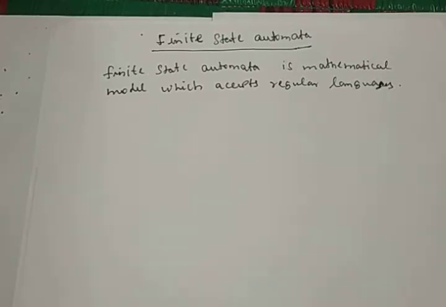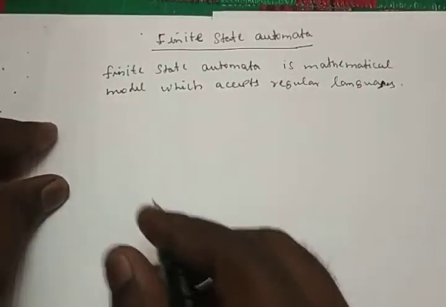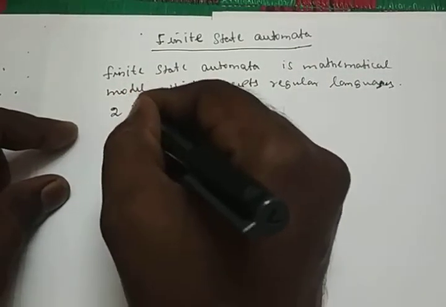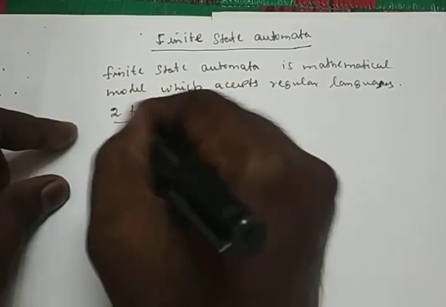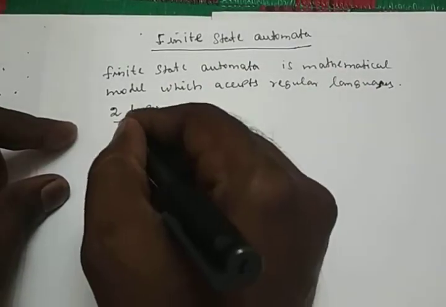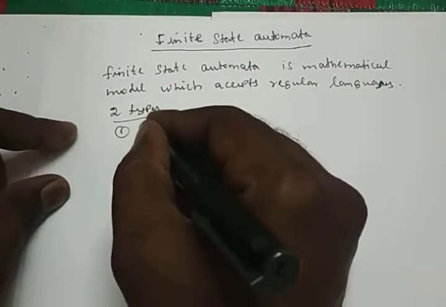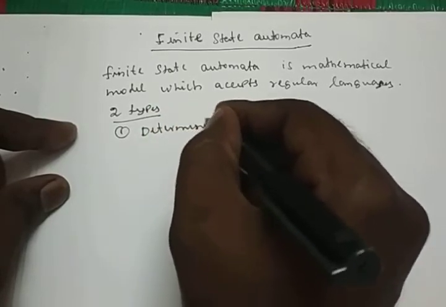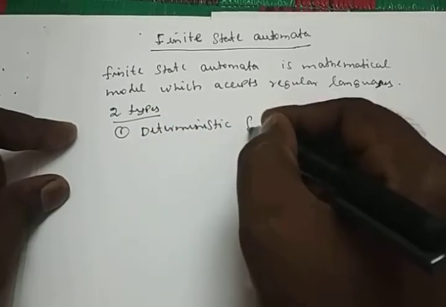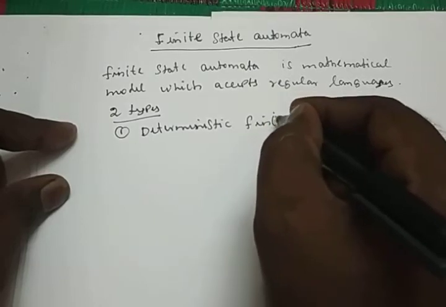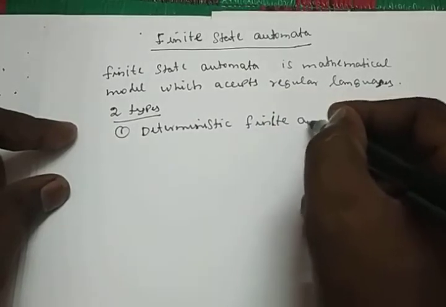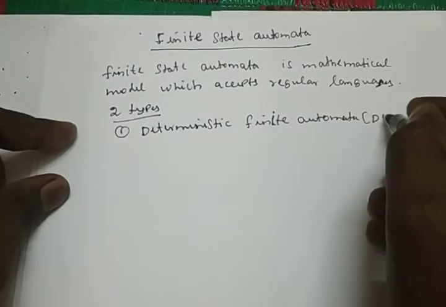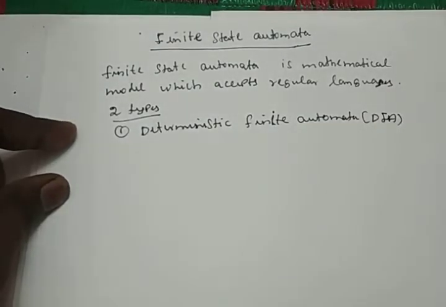So what are the types of finite state automata? There are two types. One is deterministic finite automata, and in short we call it DFA.